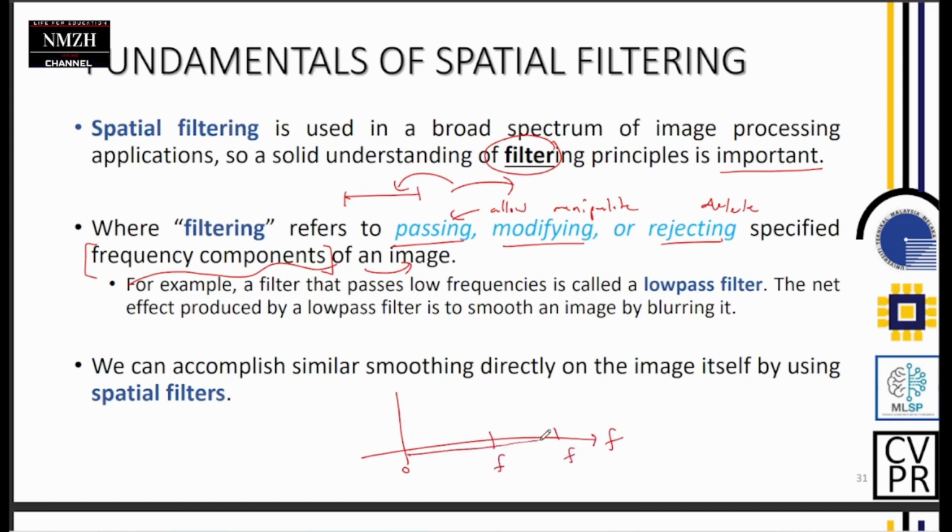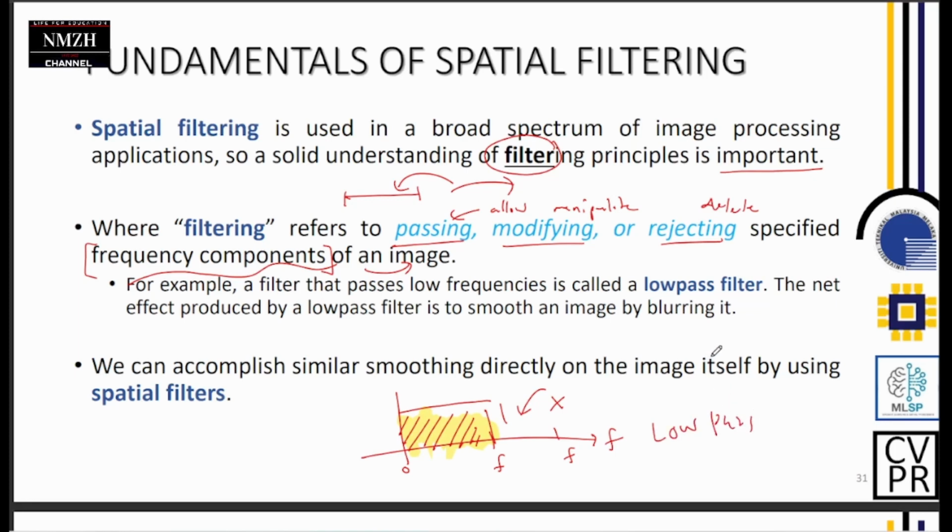Speaking of the whole range of frequency, low pass means this area will be allowed, but this area is rejected. So that would be low pass.